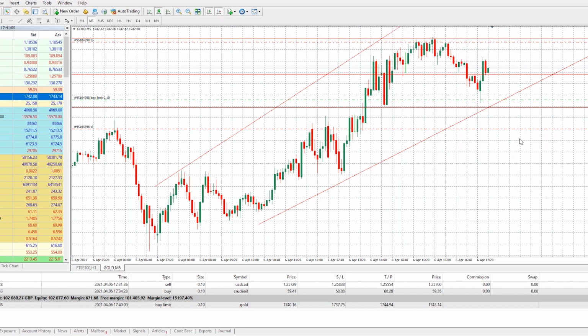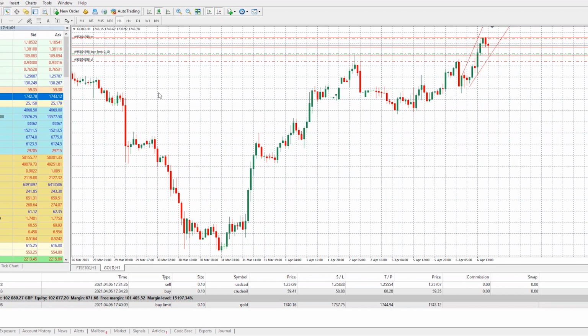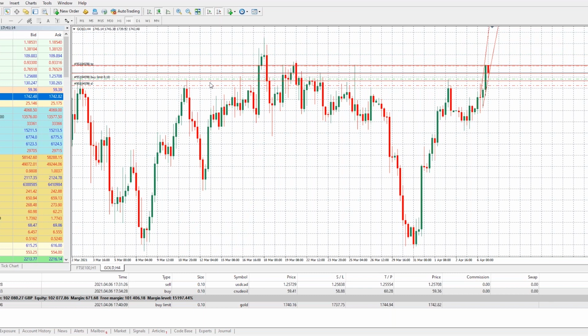And this very well could just climb. If we look at the 1 hour candles, we see no resistance off to the left. There's absolutely no resistance over here. So this could just keep on climbing and go to a new high for the day, in which case your pending order doesn't hit, right? The next resistance level on the 4 hour candles is right there. Okay, you see 4 hour candles.